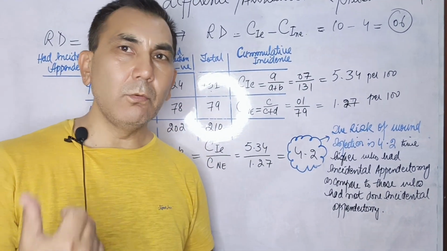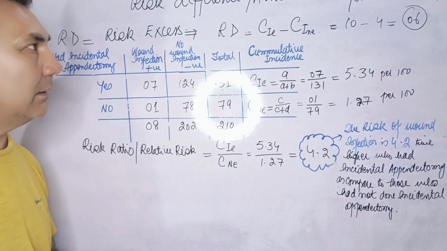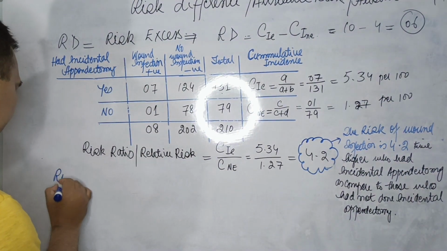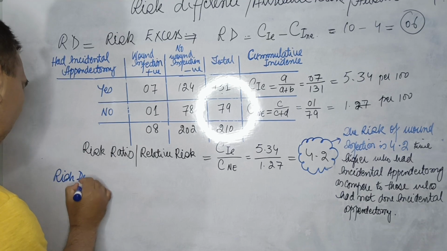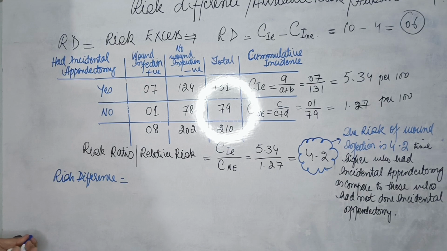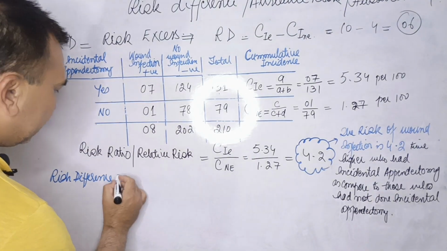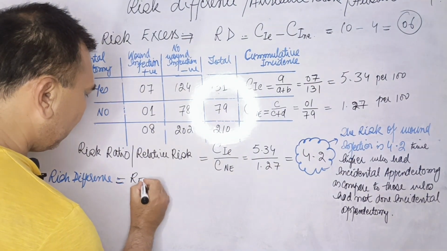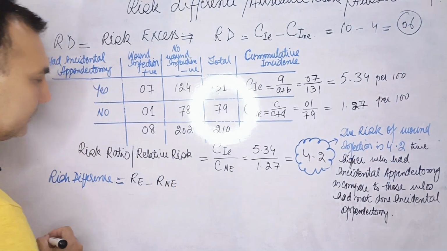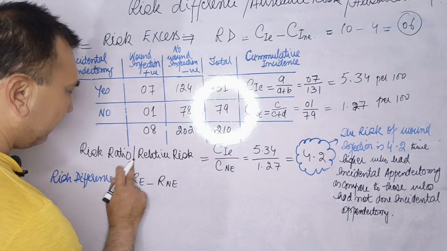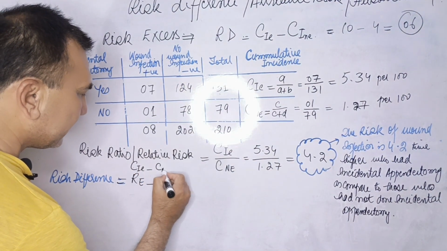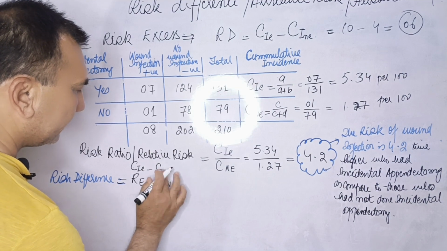Okay, now we will go to calculate the risk difference. So the risk difference means risk in exposed group minus risk in non-exposed group, or the other name we can say cumulative incidence in exposed group and cumulative incidence in non-exposed group.